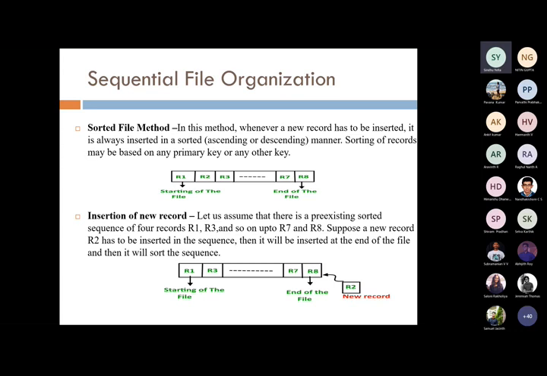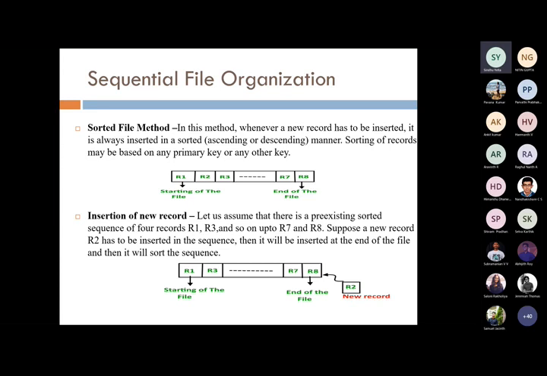Right. So for example, again consider a file system where you have records R1, R3, R7, R8. You are expected to insert the record R2, right? So initially, similar to the file method, the record R2 will be inserted at the end of the file, right?